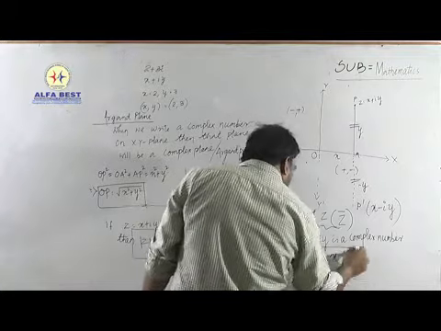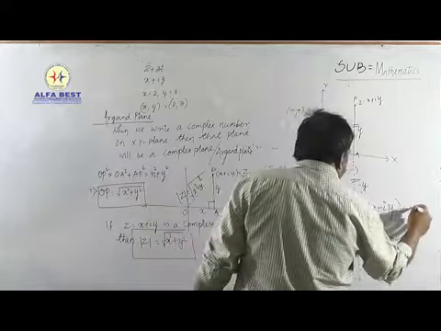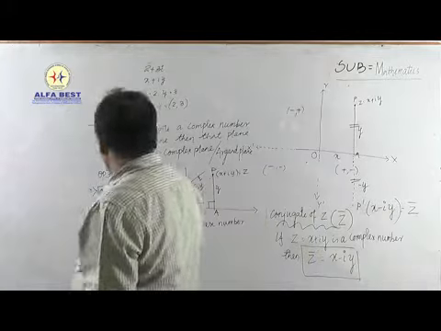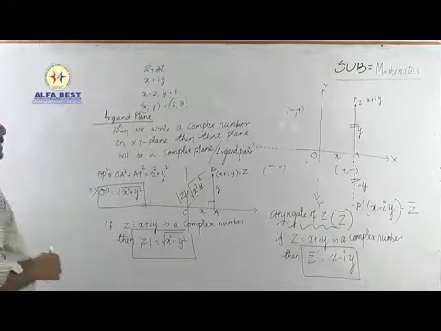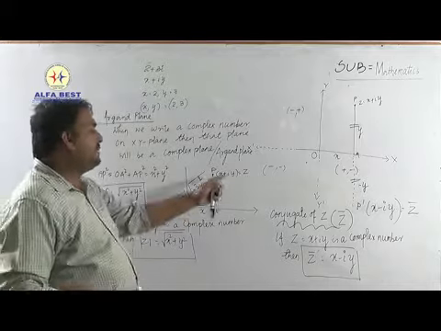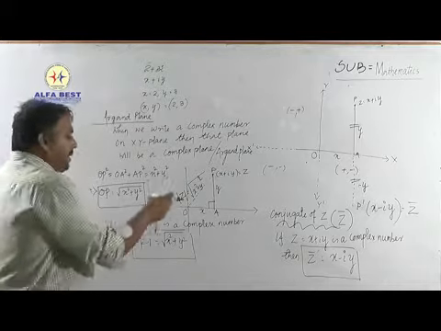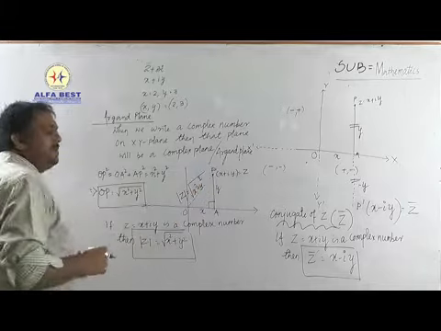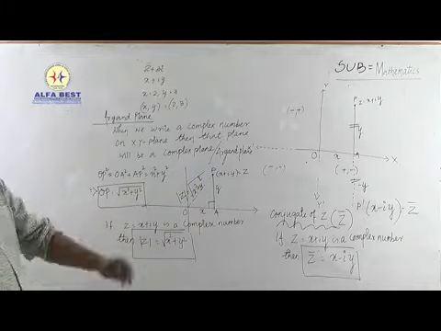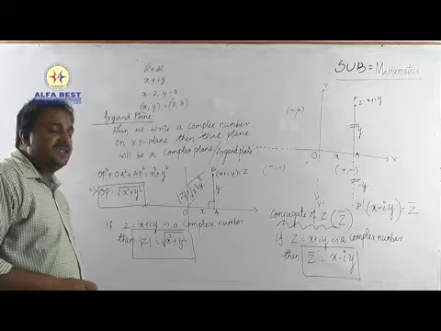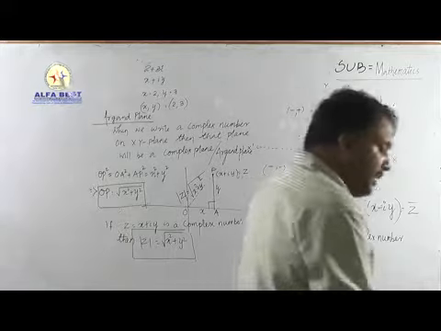So this is your z conjugate. So now you see here, if z is a complex number which is denoted as x plus iy, then mod z is root over x square plus y square, and conjugate of z is x minus iy.